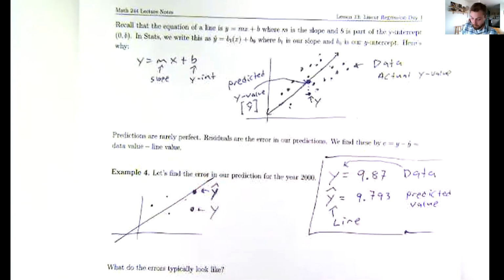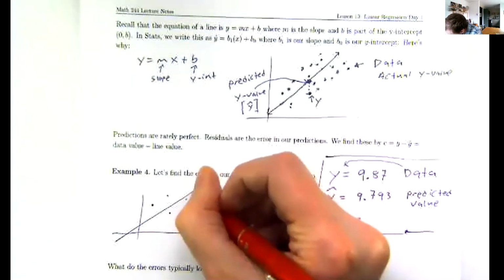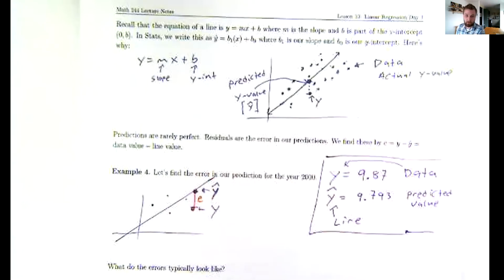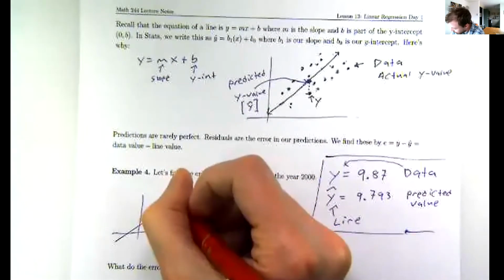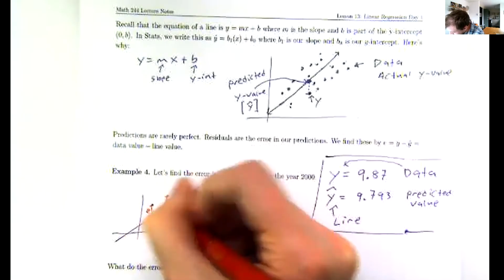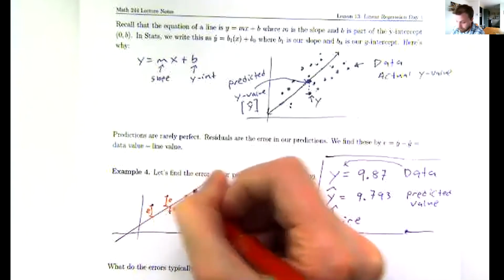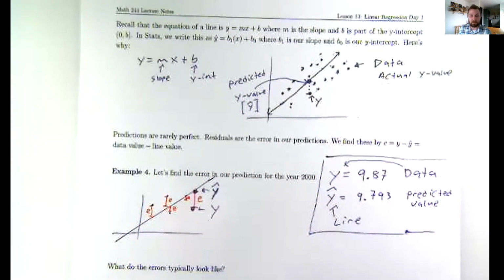And my error, I can visually see as the amount of distance I am away from the line. So that's one residual. This is another error I have. That's another residual. This is another error. My residual is the distance that my points are away from my line. And my least squares line makes these errors as small as possible on average.